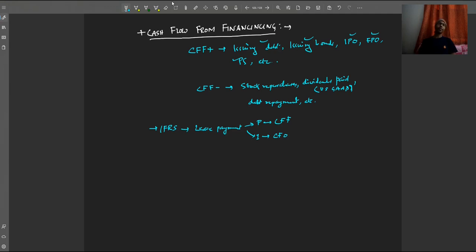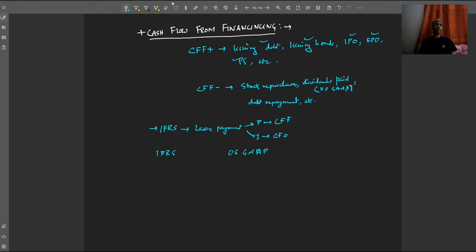There are certain other nuances also in terms of differences. For example, if I draw two columns, IFRS and US GAAP, regarding interest paid, dividends paid, interest received and dividends received, there are certain differences.